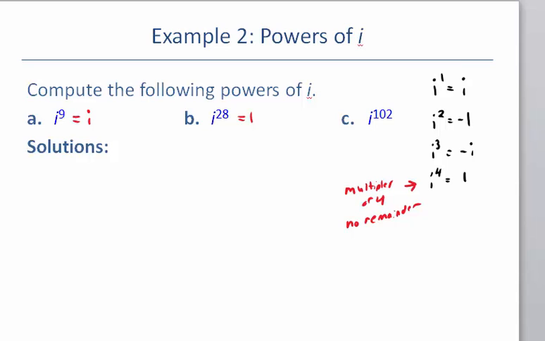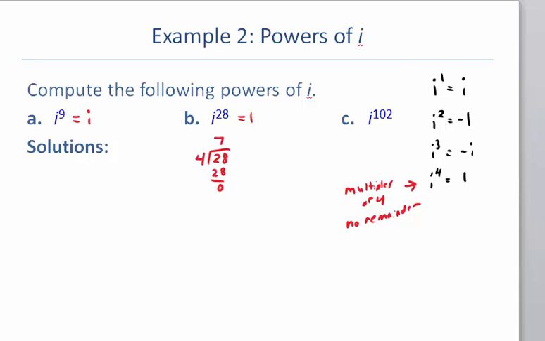All right, so look at the 28 that we had here. If I take 4 and divide into 28, I get 7 with no remainder. So that tells me that this 28 was a multiple of 4. It tells me that I should be here at the bottom on the 1.